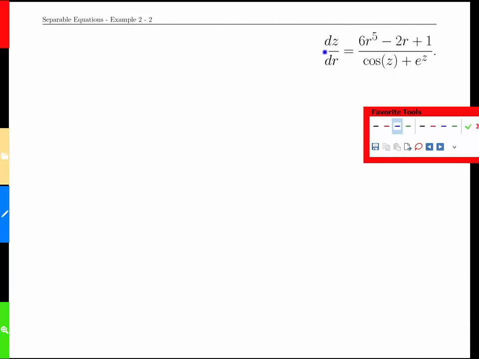An interesting point, though, when we have our solution here, sine of z plus e to the z equals r to the 6th minus r squared plus r plus c, is that we can still verify it if we want. And again, it's never a bad idea because this seems a little exotic, let's be honest.